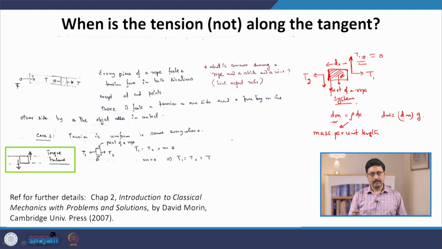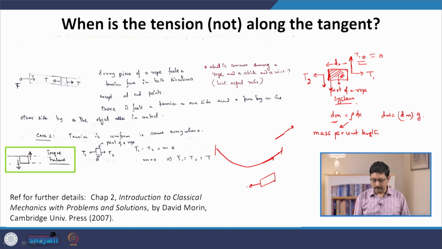In this case, the tension will not be uniform because of the bending, because the direction of the tension is along the local tangent. If we take a rope hanging between two ends, then the tangent direction is continuously changing. So if we take a rope like this, then the tension force is in this direction and the tension force is in this direction.